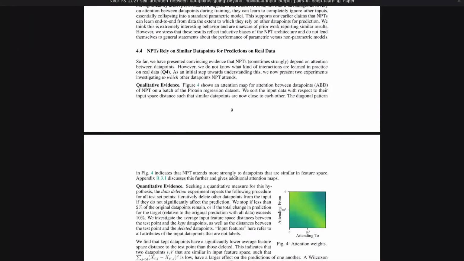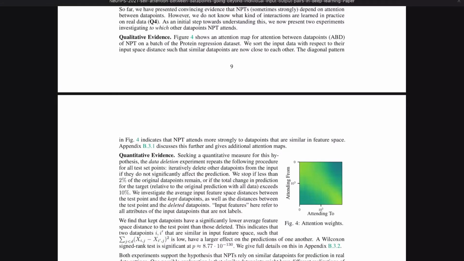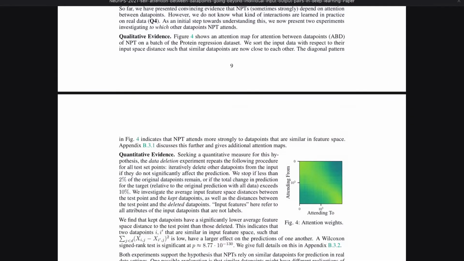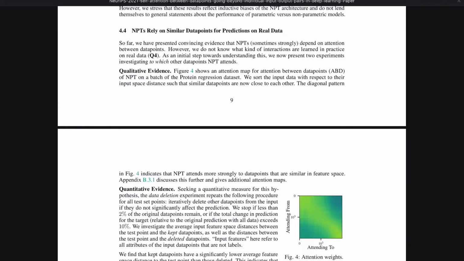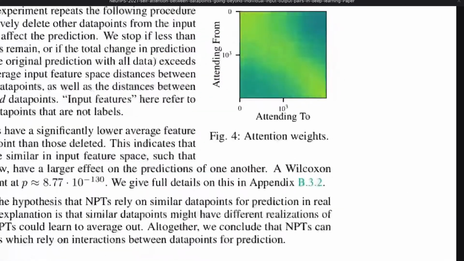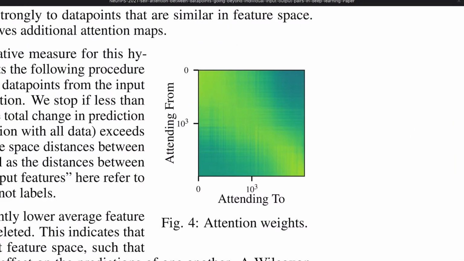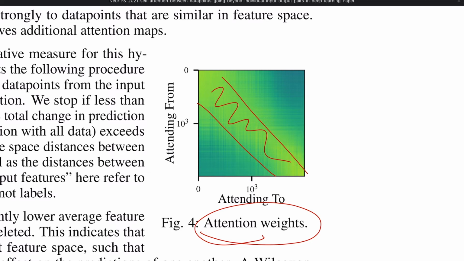And the last experiment is the one that I discussed. They're saying that this model learns to rely on similar data points in the real data. They are essentially showing the attention weights on which data points it's attending. They sorted those things based on the distance.